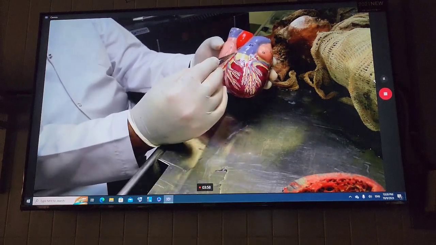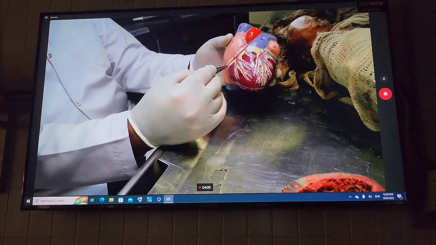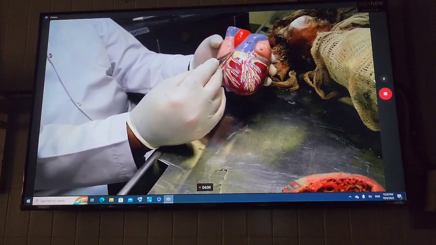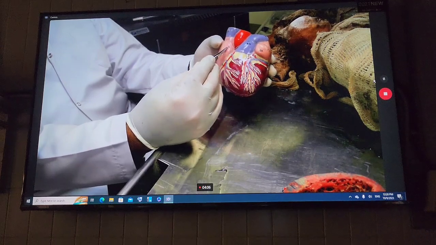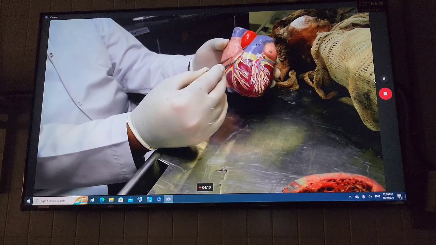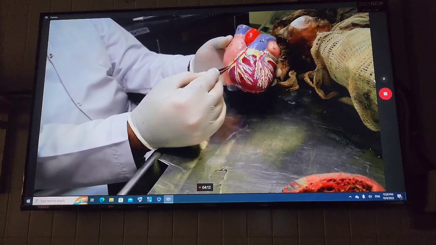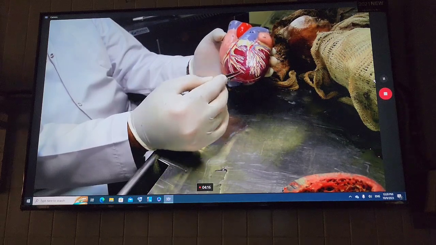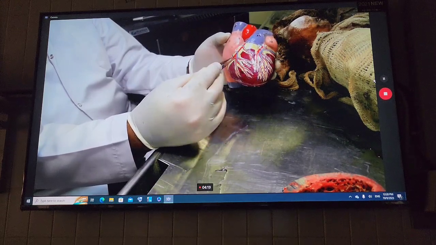It contains the main trunk of the right coronary artery. The right coronary artery projects between the auricle of the right atrium and the pulmonary trunk. And then it descends in the anterior coronary sulcus, giving at the lower border of the heart the marginal branch.